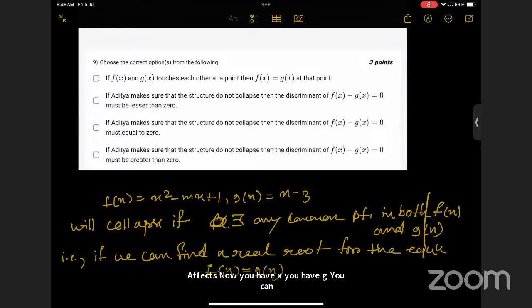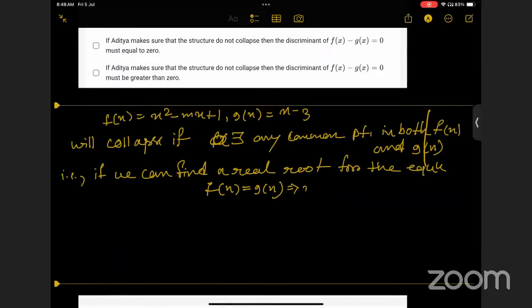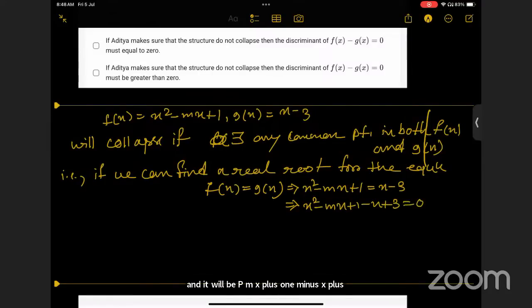So x squared minus mx plus 1 equals x minus 3, right? And it will be x squared minus mx plus 1 minus x plus 3 equals 0.